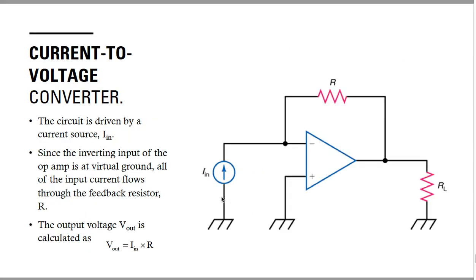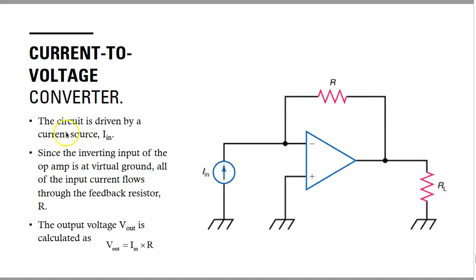Now next we have the current to voltage converter. This is the circuit for the current to voltage converter, and in this you have the current source going into the inverting terminal, and the positive or non-inverting terminal is grounded. Then you have the feedback resistance R here, and then the load resistance is connected.